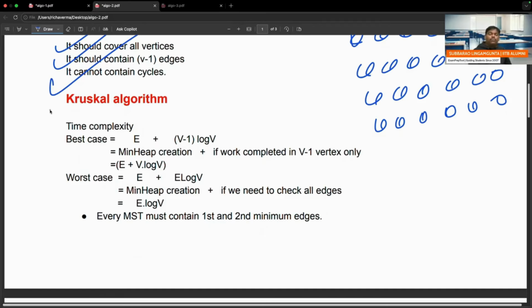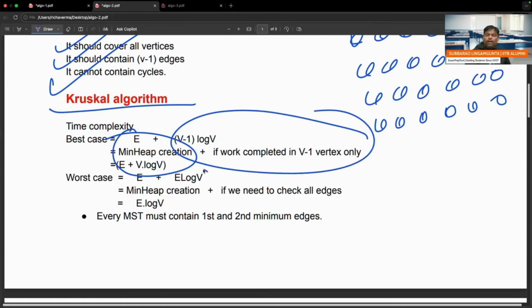How many algorithms? We have Kruskal and Prim's. Kruskal time complexity: you are using a min heap. Min heap creation is E. Afterwards, every time log V, log V, V minus 1 times. That is the best case. Worst case, you delete all edges. Every MST must contain the first minimum and second minimum edges. So first create the min heap.